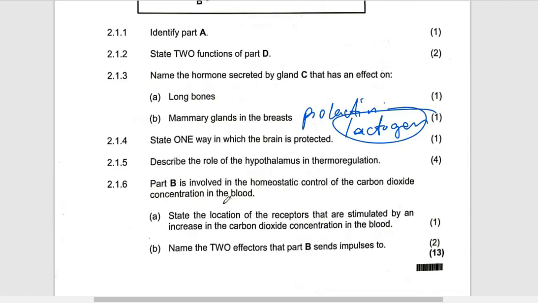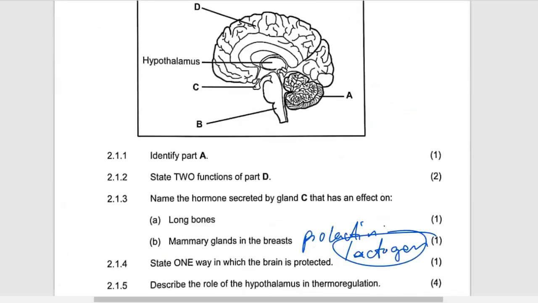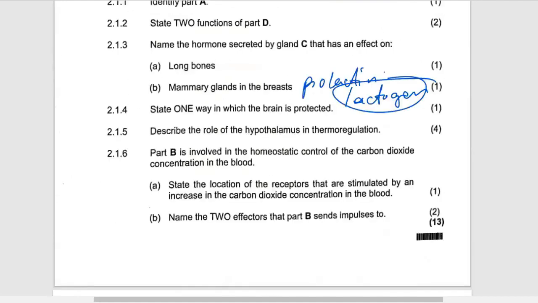Part B is involved in homeostatic control of the carbon dioxide concentration. State the location of the receptor that is stimulated by the increase in the carbon dioxide concentration in the blood. Where is part B? Let's first see what is part B. Part B is the medulla oblongata. So what is the receptor? Where is the receptor?